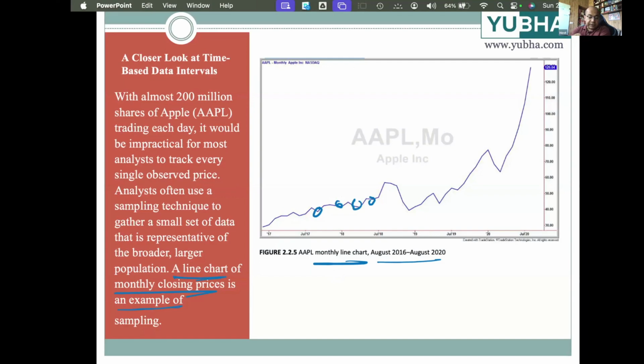So all that you're seeing is where Apple closed in the month of July, where it closed in August, September, October, and then the fact that it just jumped up from here to here. While it is good for us to see that the prices are rising, it's not necessarily something that we as analysts can use to track the movement of Apple's share price.